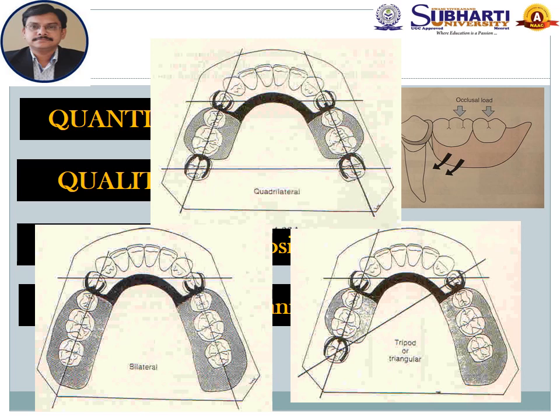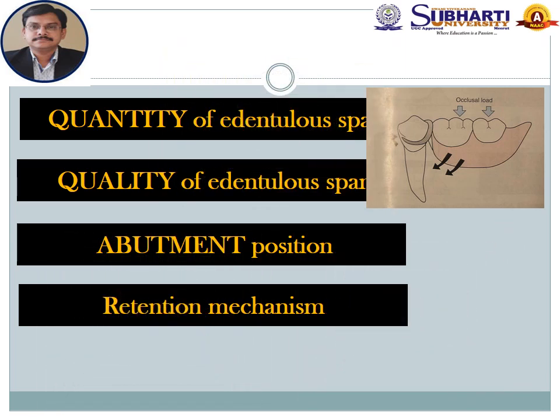But if we see down in the left side photograph, we see that it is a Kennedy class 1 partial edentulous situation. Here we can say that the maximum amount of leverage we can see, because this left side photograph gives a clear cut picture of class 1 lever, whereas if you see the right bottom side picture, we can see there is a triangular type of design, wherein not much of lever is seen in comparison to class 2.